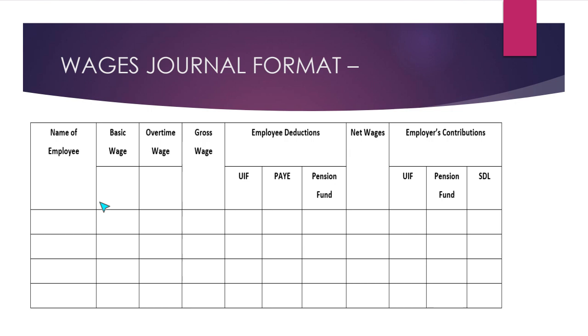They will also tell you if there's overtime or not. So the formula and format are similar. Are you okay with the theory for now? Because this is the theory that I wanted you to know.